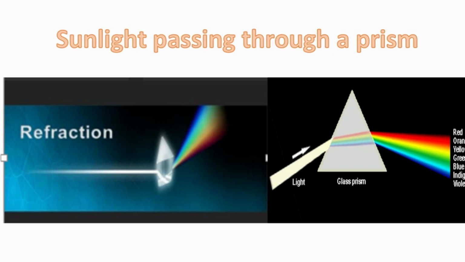Okay, so in this diagram, once the light, which is made of 7 colors, hits the prism, it is refracted, and you can see 7 colors formed: red, orange, yellow, green, blue, indigo and violet.